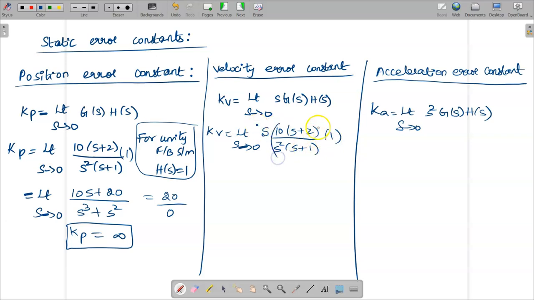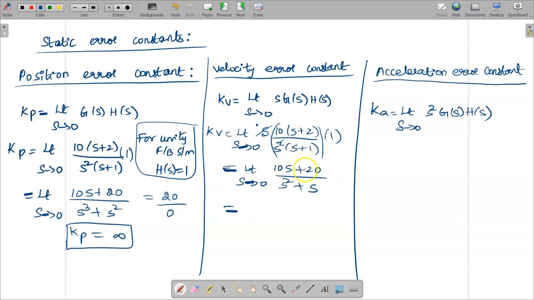This s and one s from s square I can cancel out. So limit s tends to 0, numerator 10s plus 20 divided by denominator s into s plus 1, that is s square plus s.